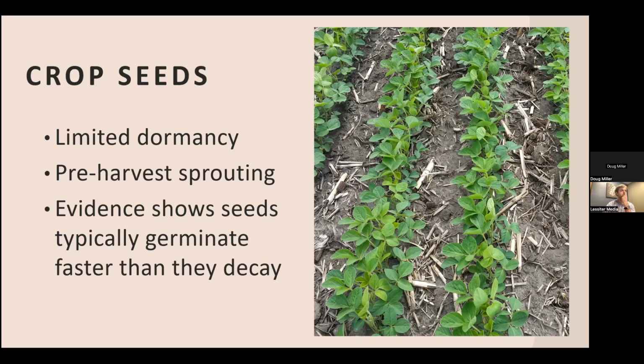As a result, the germplasm that's currently being used for row crop seeds, corn, wheat, soybeans, etc., is going to have fairly limited dormancy that's fairly easy to break, and that helps with that ease of germination and early vigor.